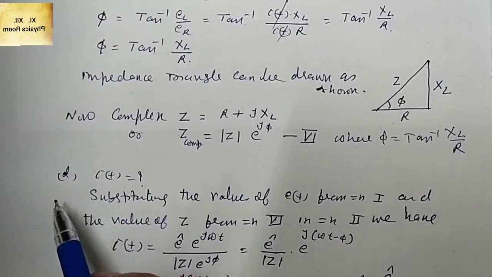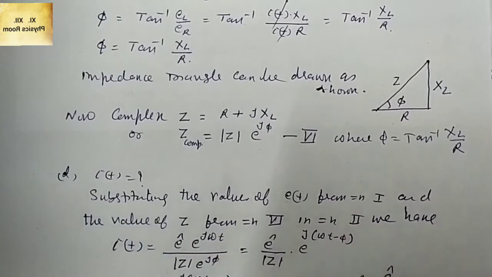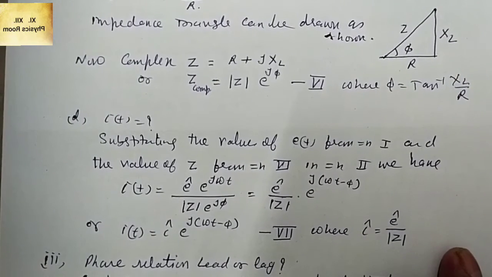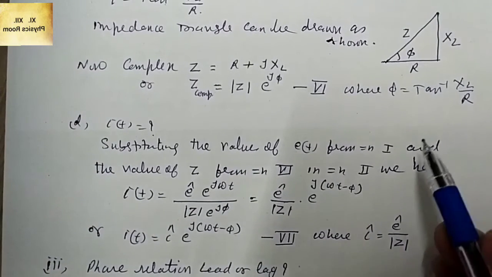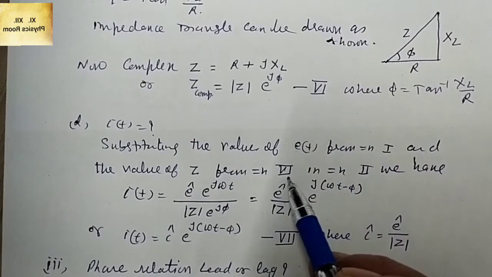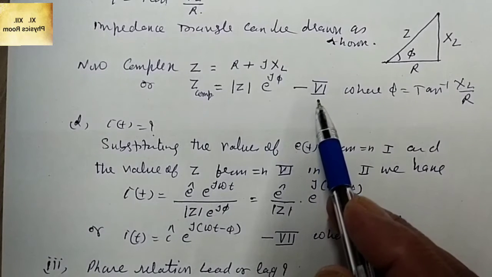Now the D part, IT. We evaluate IT, substituting the value of ET from equation 1 and the value of Z from equation 6. Let us mark it as equation number 6.